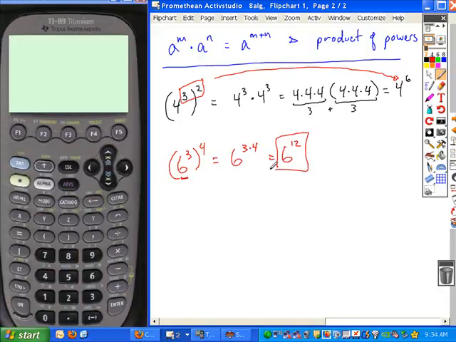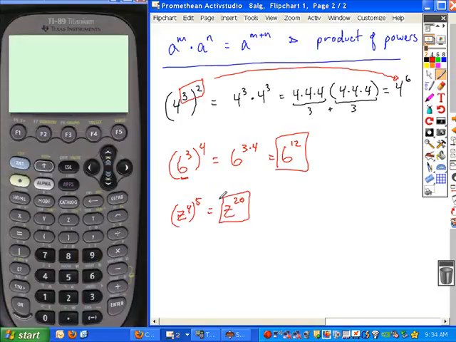Once again, this works with negative numbers. It also works with variables. And so if I took z to the 4th all to the 5th, what's that going to simplify into? Common base. 4 times 5 gives you 20 as your power.